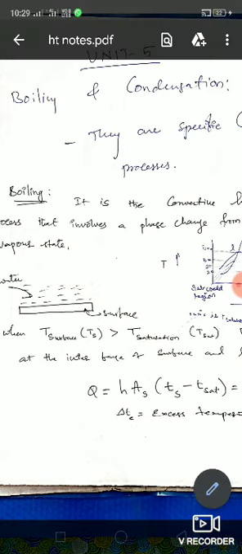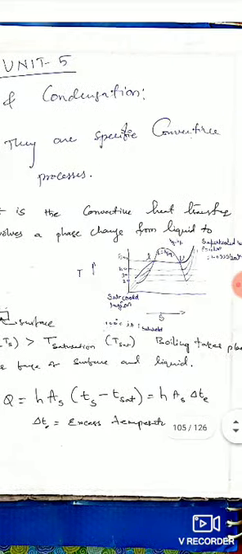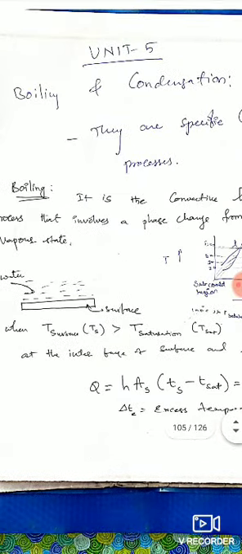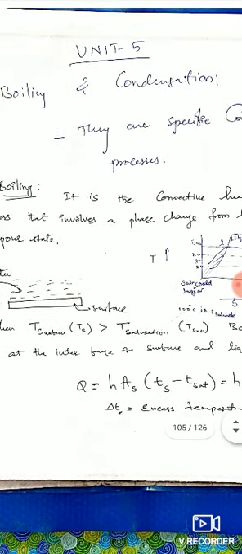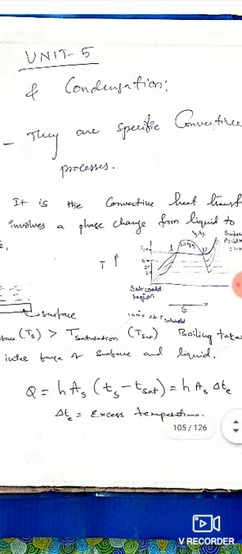Saturation temperature of the liquid, say for water at atmospheric pressure, it is 100 degrees Celsius. In order to convert the liquid form of water to vapor form, the surface temperature should be greater than the saturation temperature. The boiling takes place at the interface of the surface and liquid, where the surface temperature is greater than the saturation temperature, and the amount of heat transfer Q equals hA(Ts minus Tsat).